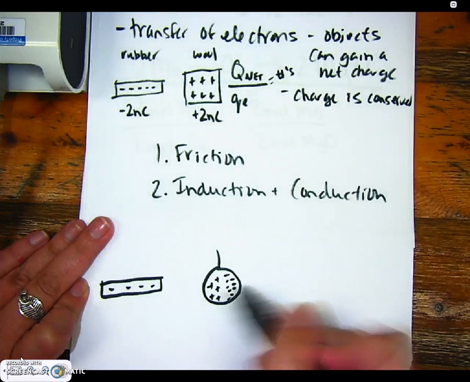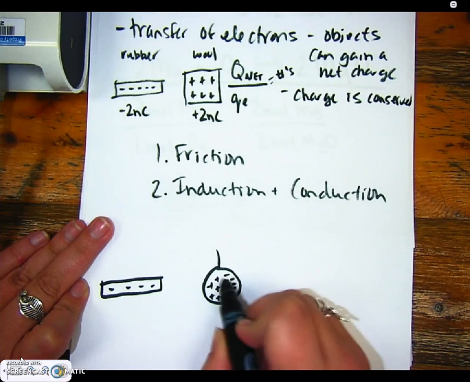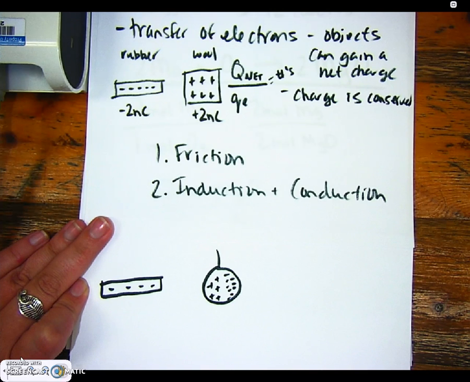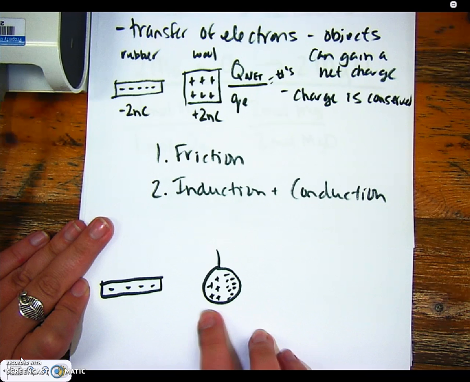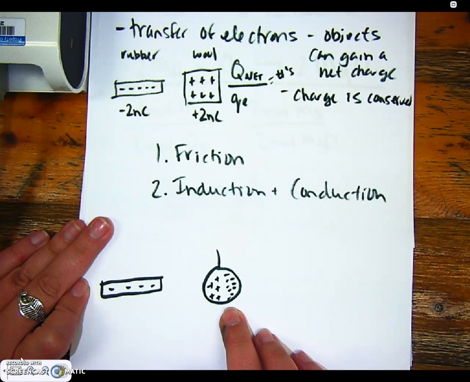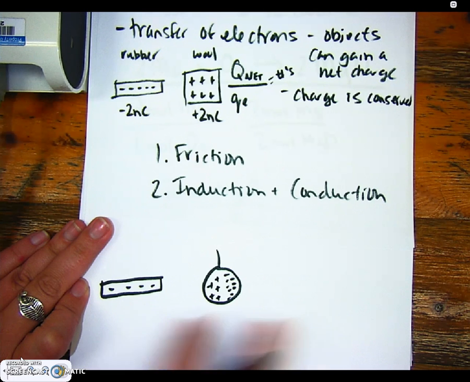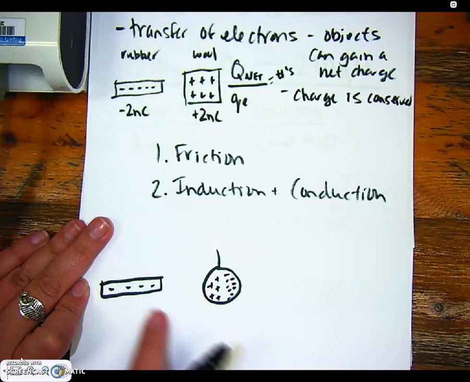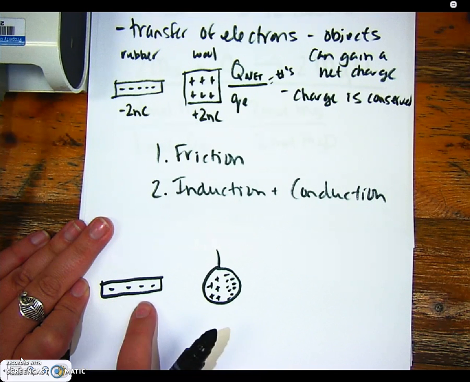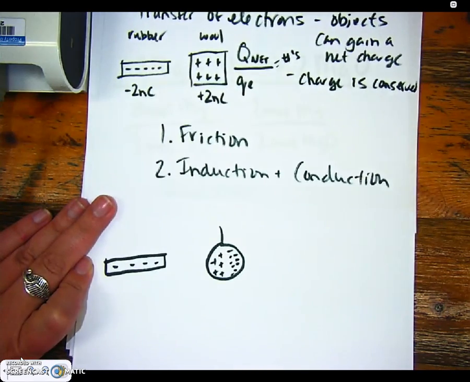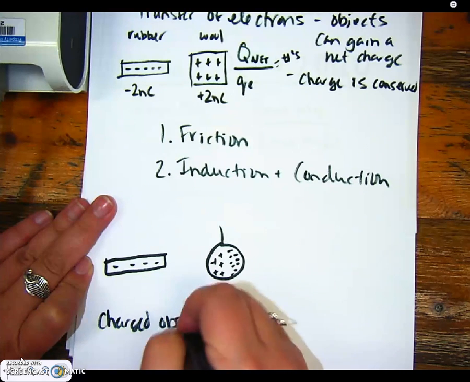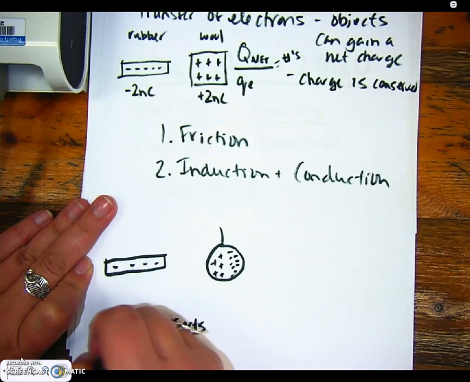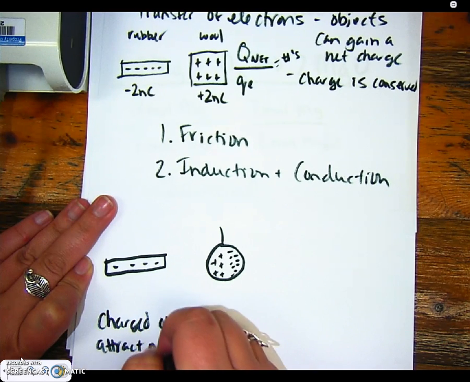Now, the protons didn't flow over there. It's just that all the electrons sort of crowded off to this side. This thing's still neutral, but it has some polarization, where we have a positive side and a negative side. Because this is now slightly positive on this side, it's going to be attracted to the negative rod. So charged objects attract neutral objects.